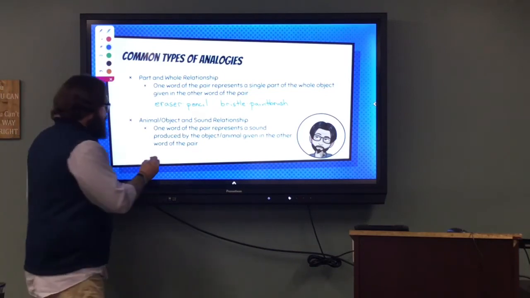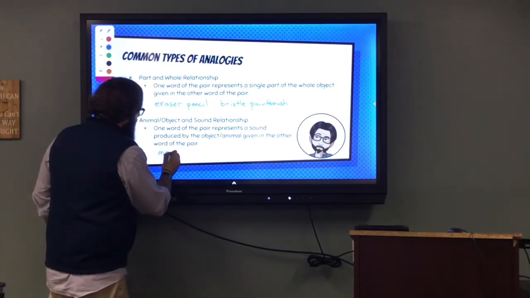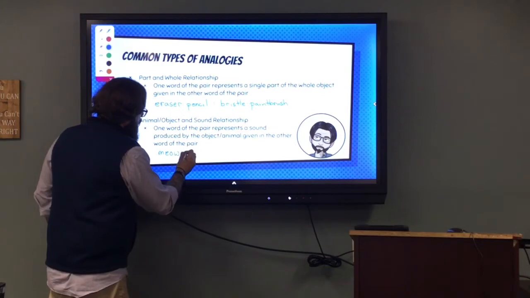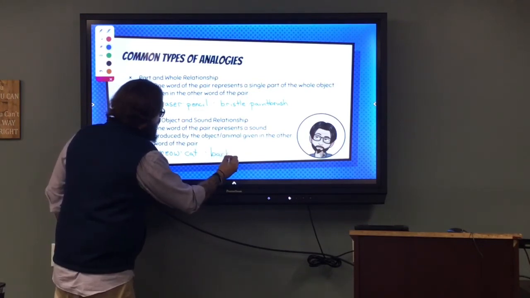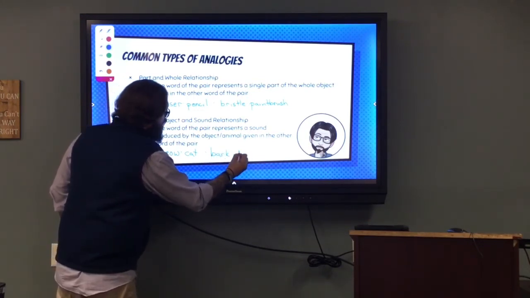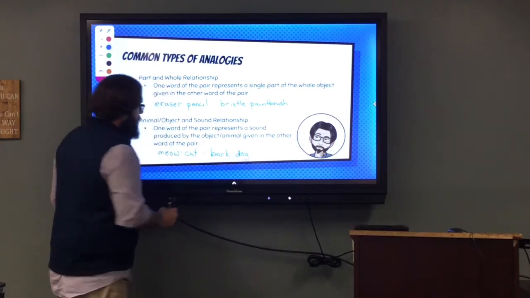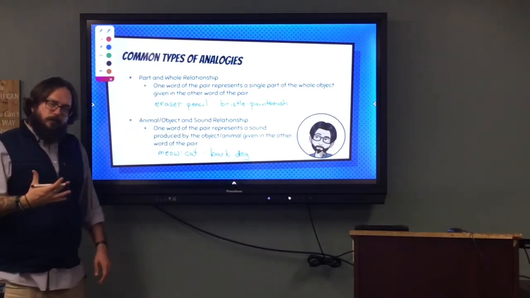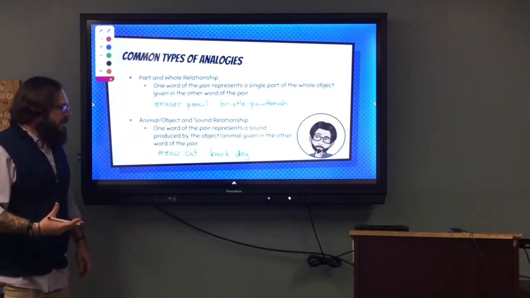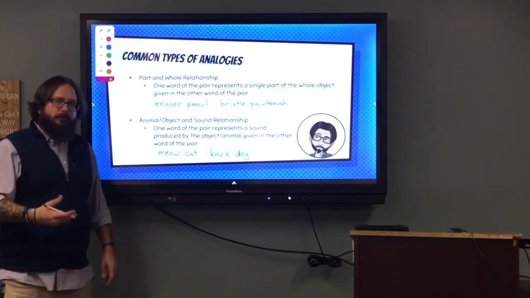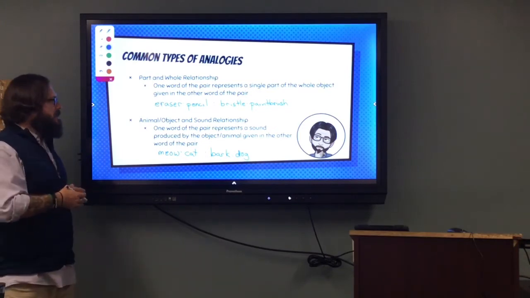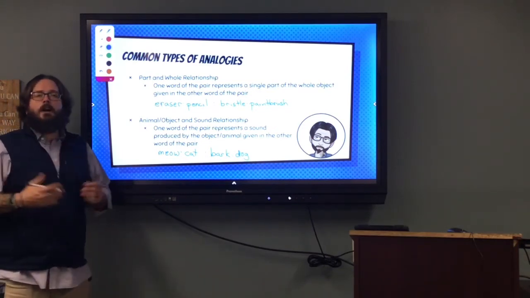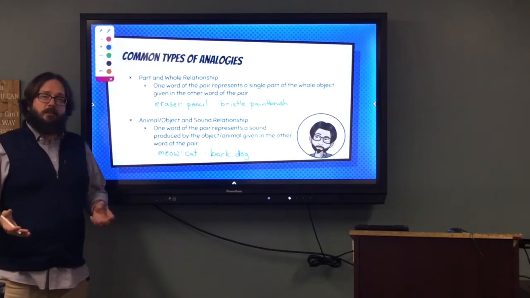For example, meow is to cat as bark is to dog. So meow, of course, is the sound a cat makes, and bark is the sound that a dog makes. So that's the animal and sound, or object and sound relationship.